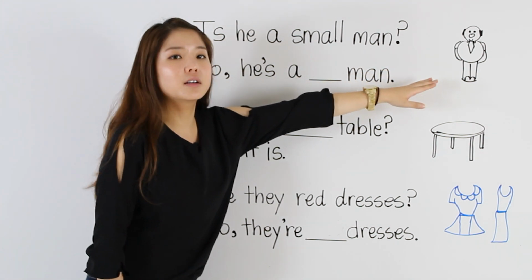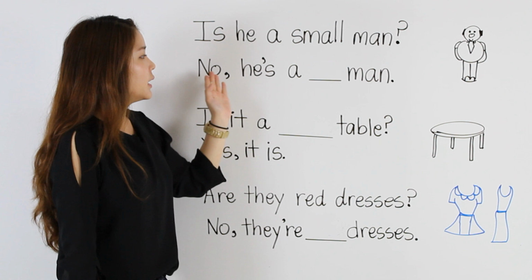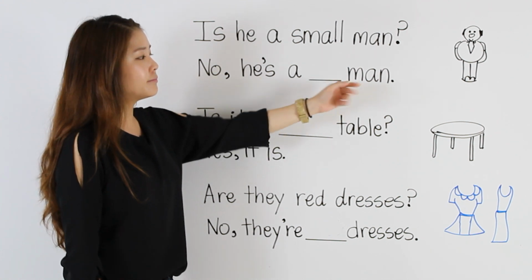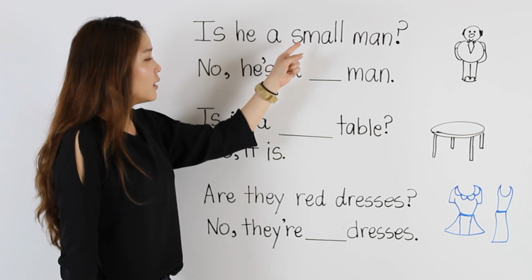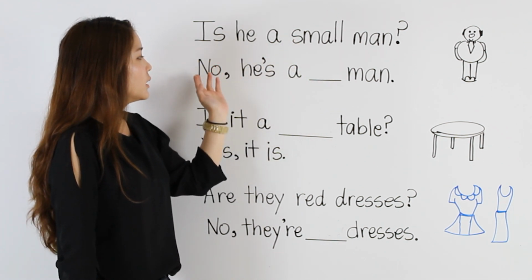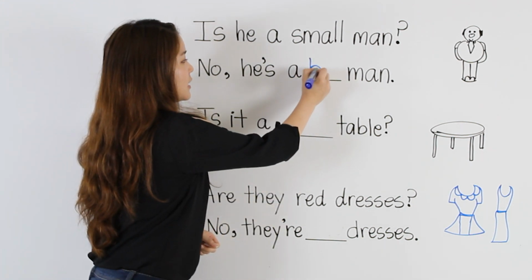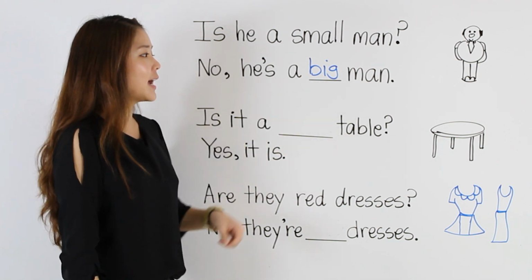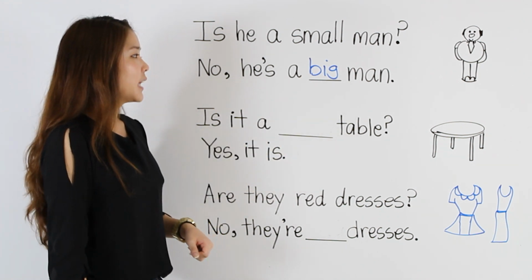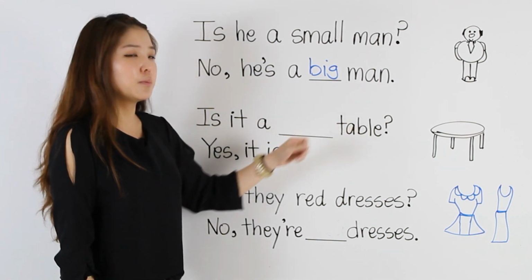Well, let's take a look at this picture. The answer is no. He's a man. We need another adjective. He's not a small man, so we have to say no, he's a big man. Okay, we're going to use the adjective big. Okay, let's look at the next one. Is it a table?